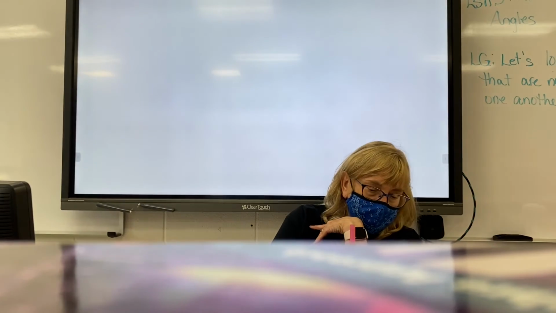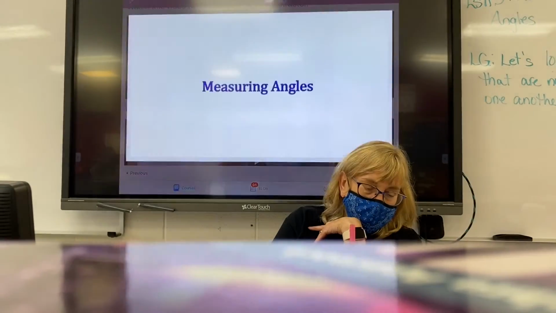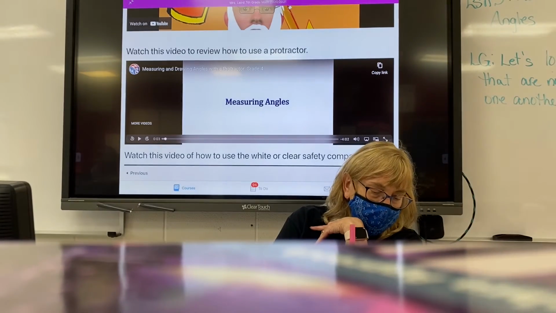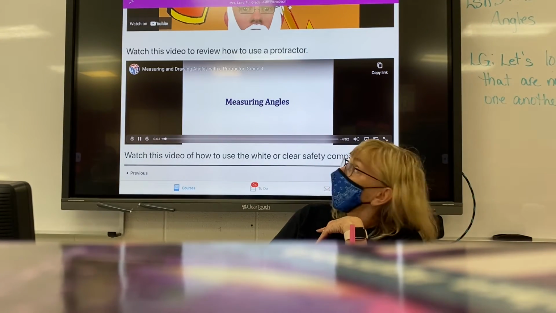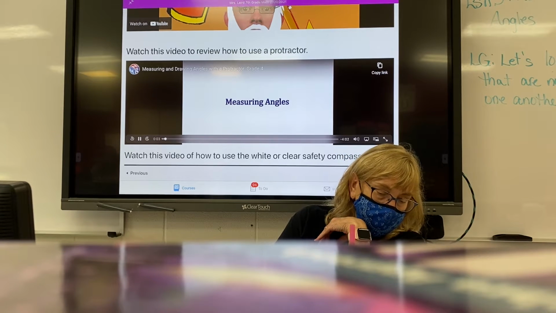And that's where it goes wrong. Play. Measuring angles. All right, as soon as I make it large, it's not going to work. So we're going to keep it small, okay? Can you see it well enough? Now it's not going to work. Okay.